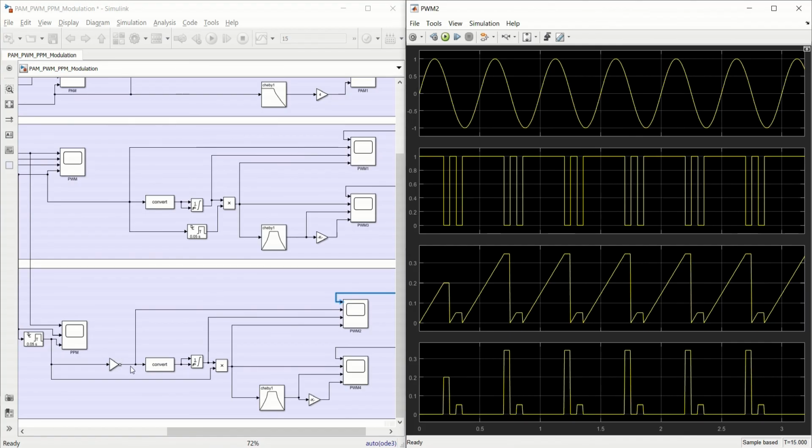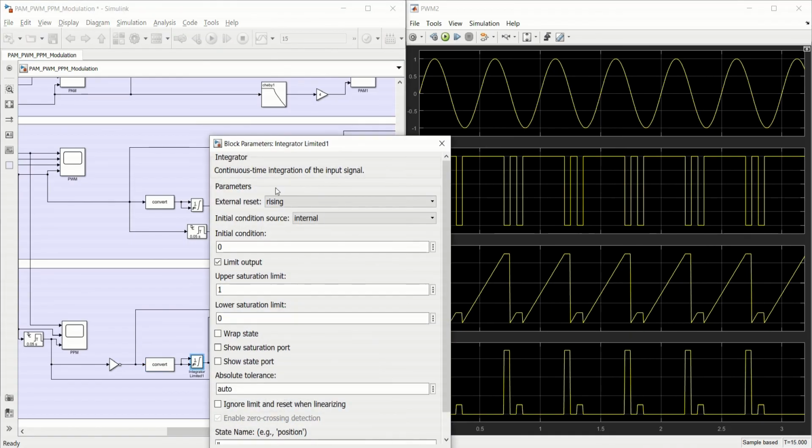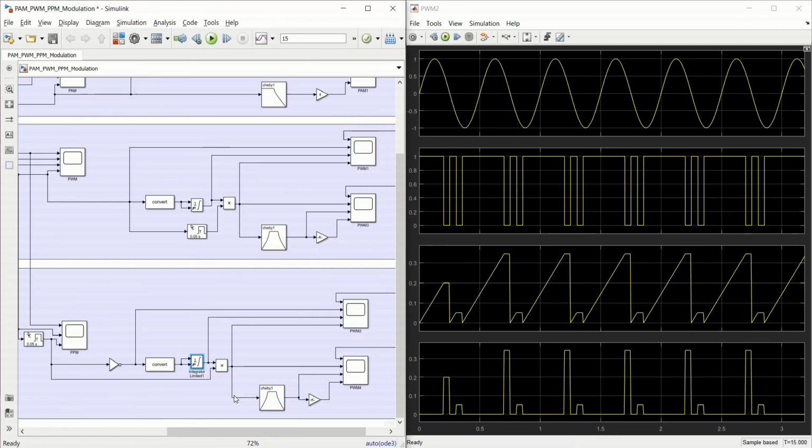So the output of this logical operator is passed through a convert block, that is, a data type conversion that is required for this integrator with an external reset rising, right, with these parameters, and the output of this integrator is the third waveform which is over here. In this third waveform, we have an integrator which would start to integrate until this point, right? So we have a linear increasing slope.